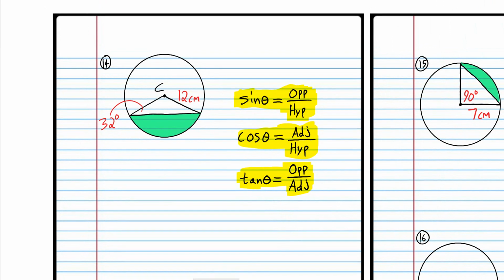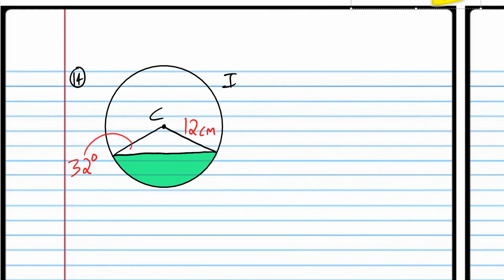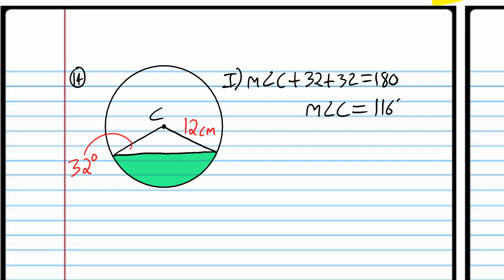All right, we're back. So step 1, find the central angle. The measure of angle C plus 32 plus 32 is equal to 180. And if we do the math on that, we get the measure of angle C is equal to 116 degrees. Step 2, we're going to find the area of the sector, which is 116 over 360 times pi r squared.